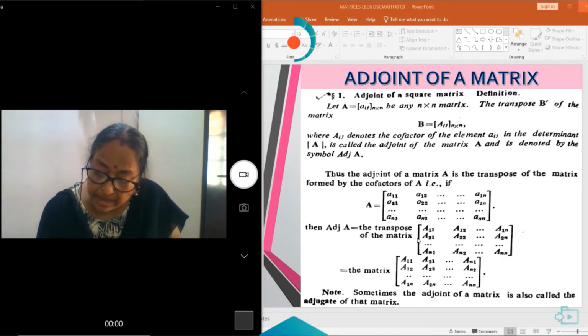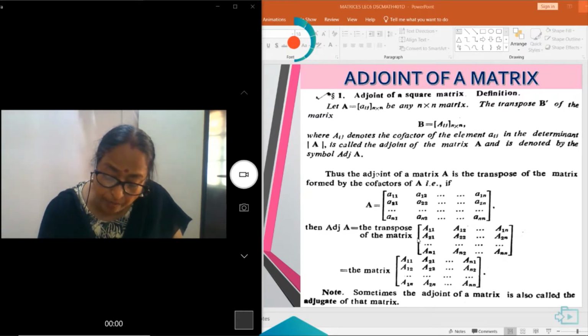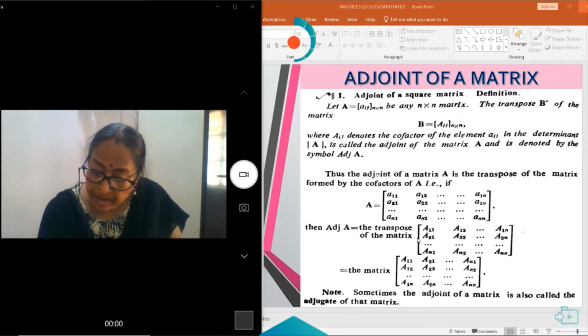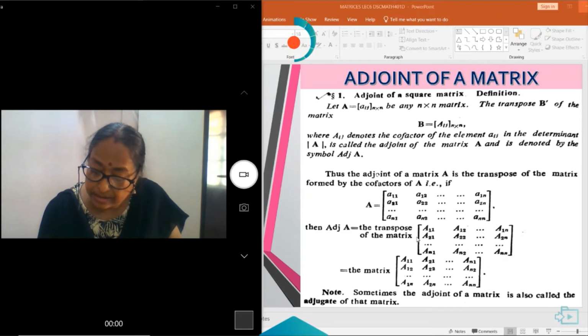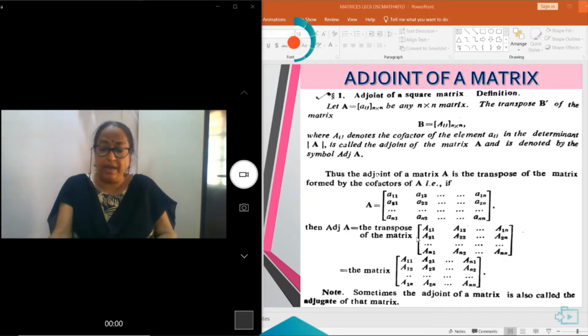Then Aji denotes the cofactor of the element Aij in the determinant A, and B is called the adjoint of the matrix A and is denoted by the symbol adjoint A.